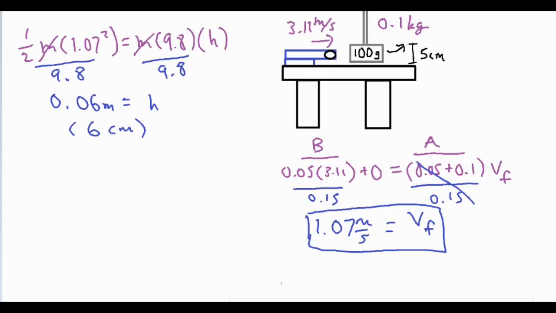Now, experimentally, what happened is we had it rise 5 centimeters from its original height. So let's go ahead and compare what happened with energy here. So theoretically, it was supposed to have an m, g, and h of 0.06, and then that would give it 0.0882 joules of gravitational potential energy.